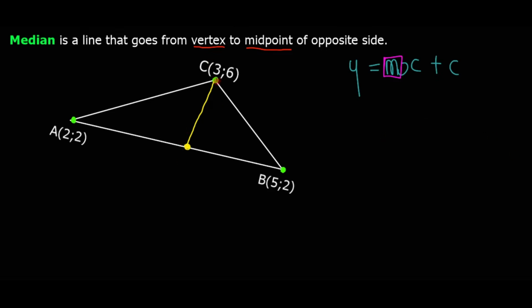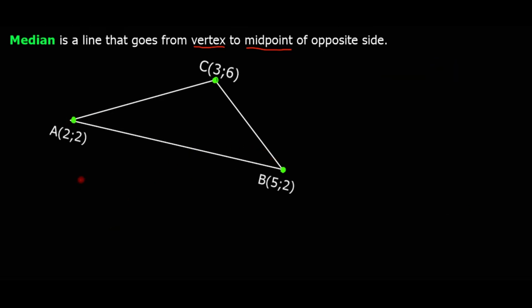We need to know the coordinates on this line: we have point C, and then we need this point, let's say point M. If we know the coordinates of M, we can easily find the gradient. But this one is very easy because this point M is the midpoint of AB. So to find the coordinates of M, we find the midpoint of AB.